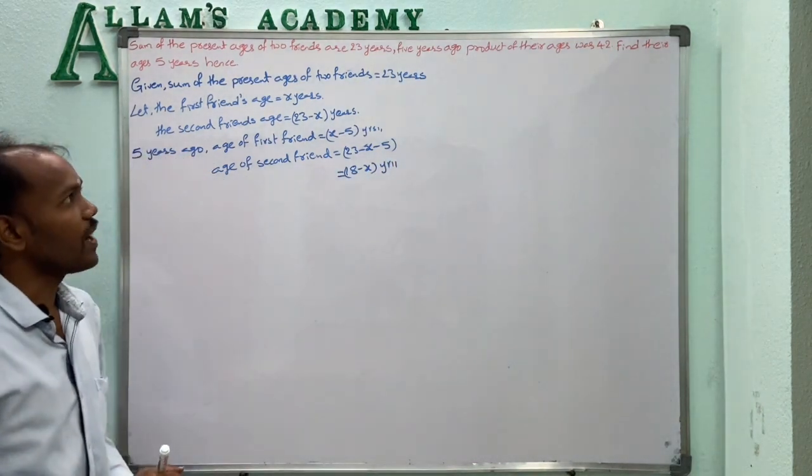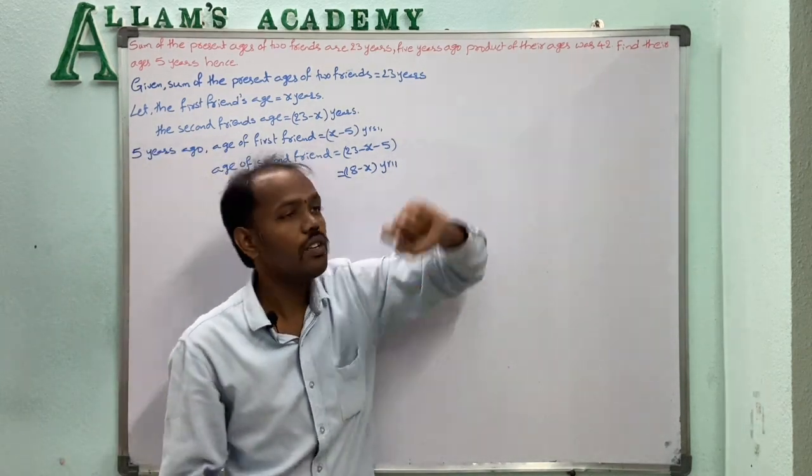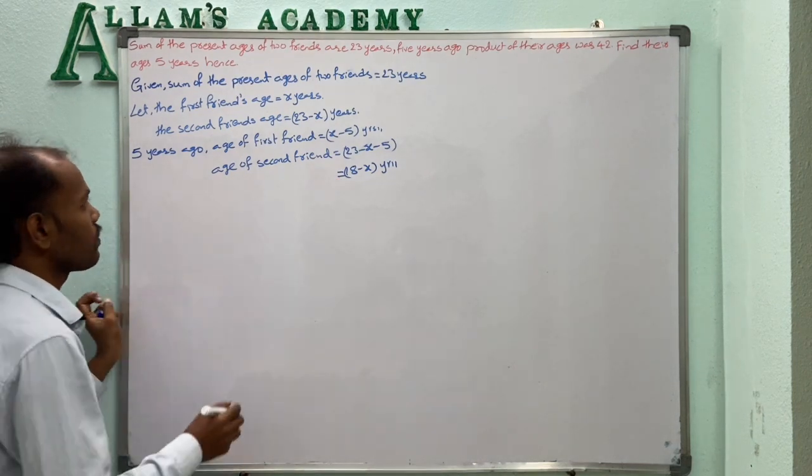Now here it is given that 5 years ago the product of their ages was 42. That means these two ages' product is 42.